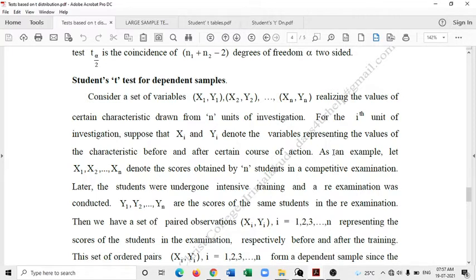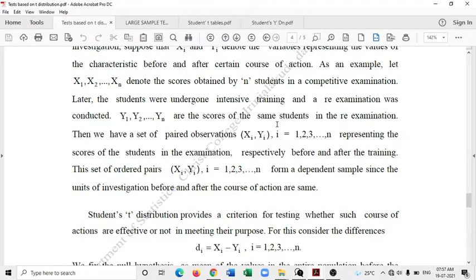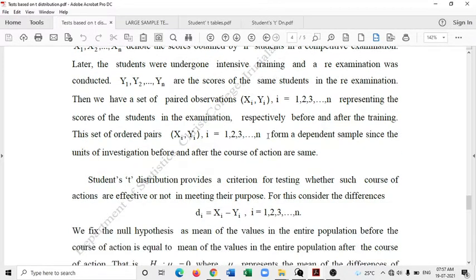Now, suppose x1, y1, x2, y2, etc., xn, yn are the pairs obtained, or xi, yi is the observation from the ith unit of investigation before and after the treatment. Now we consider a population known as the difference population by considering the differences of the readings, and it is denoted by di. di is equal to xi minus yi, i is equal to 1, 2, 3, etc., n.